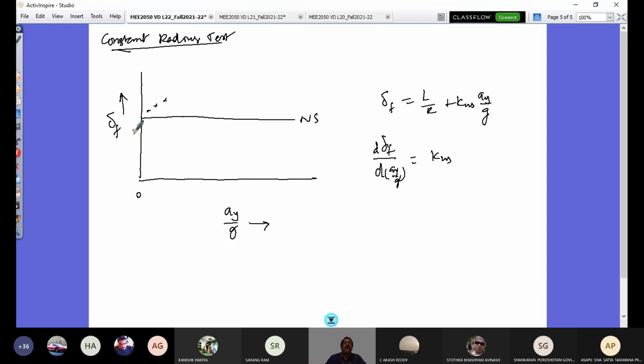When I do this test, whatever steering angle is required as I increase the speed on this constant radius, if I plot it, it would go in this way. It will not increase like a straight line as we have seen. It would go to a point and then again fall like this, as you increase the speed and the lateral acceleration increases. Let me just connect all of them.